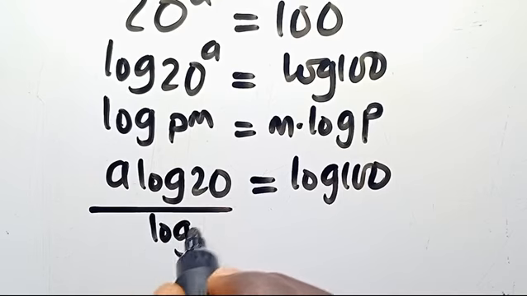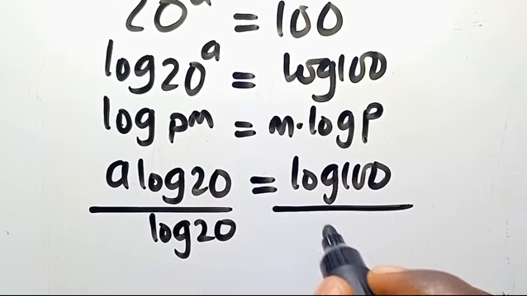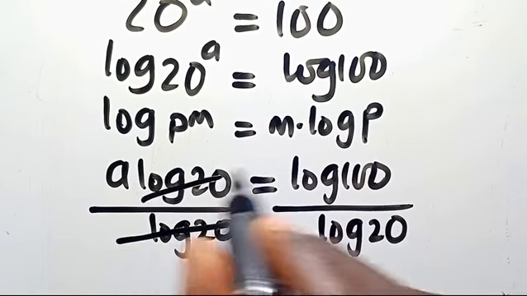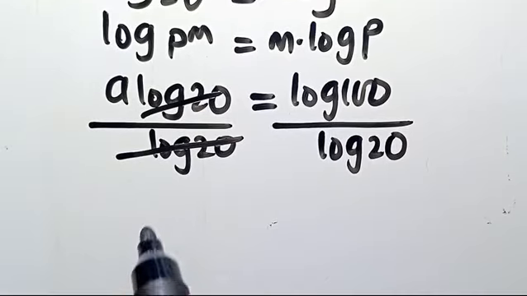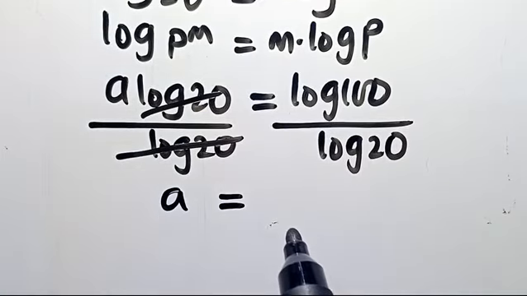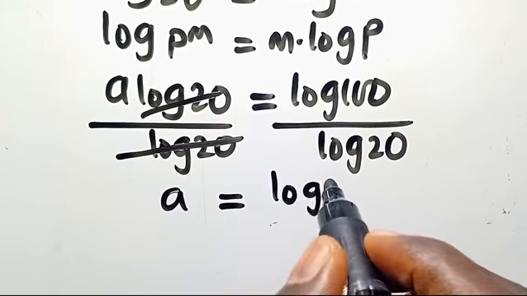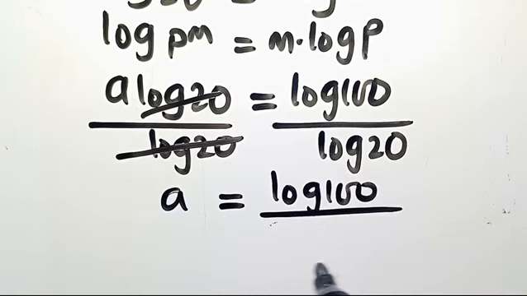Divide through by log 20. This will simplify this. So we have a equals log 100 over log 20.